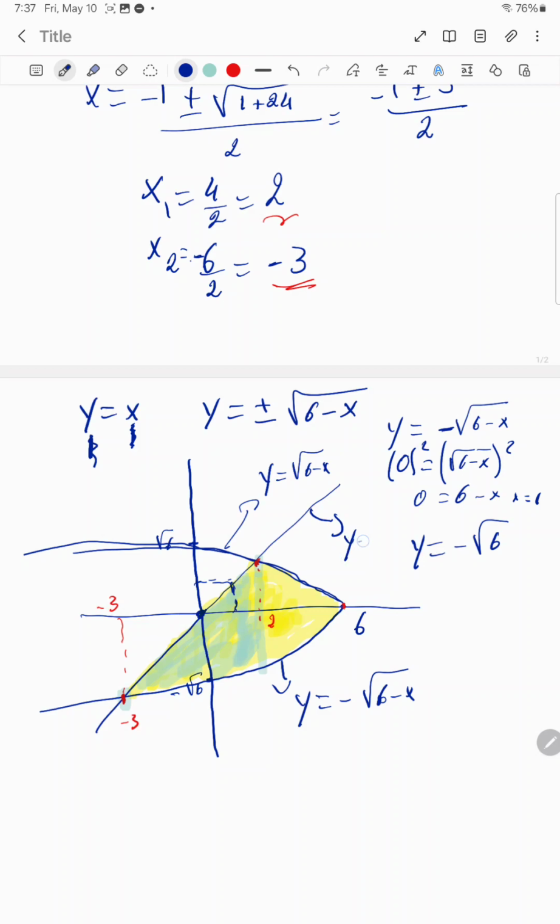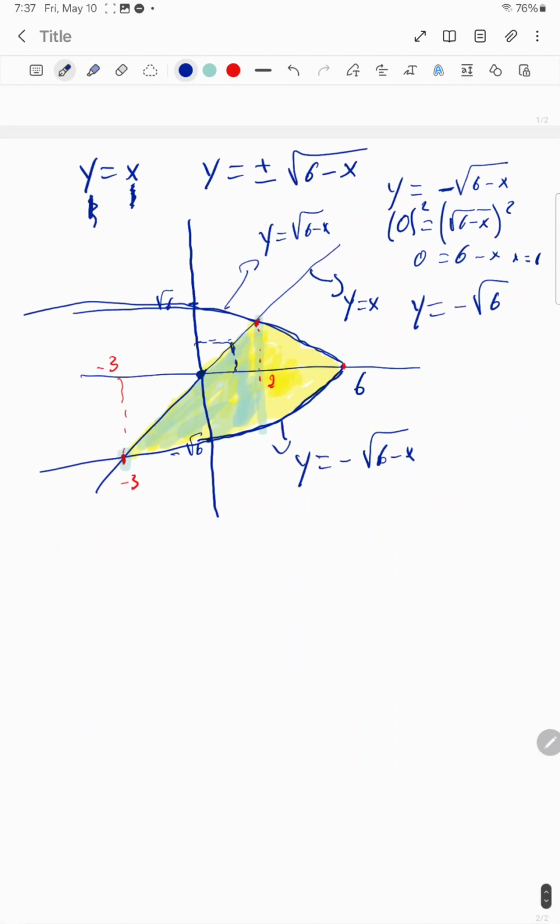And this is y equal to x, yeah? So it is y equal to x minus this part of my curve, which is minus square root of 6 plus x.